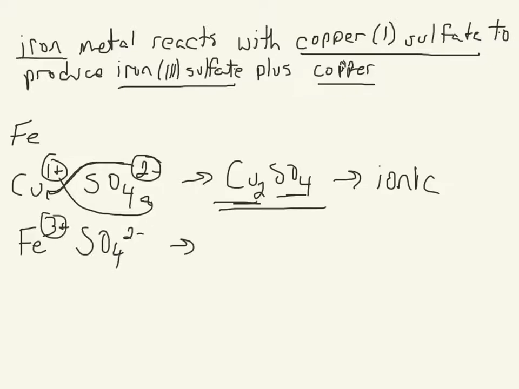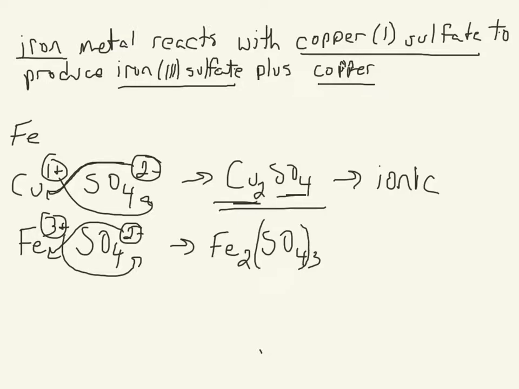So again, we want to cross drop these charges, and that is going to give us Fe, the 2 comes down to the Fe, get rid of the minus sign, SO4 3. Now we don't want to have 43 oxygens, we want to have 3 SO4s. So this is where we put brackets around the SO4, so we have 3 SO4s.